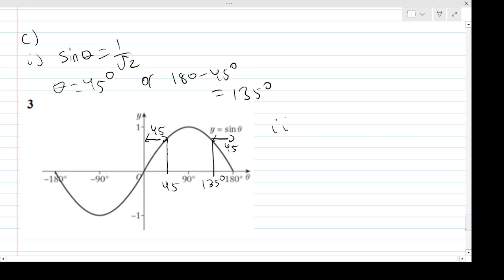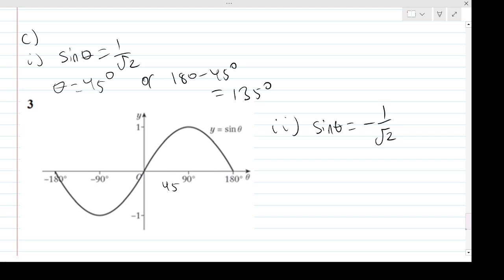Then part 2 says the angles with sine theta is minus 1 over root 2. Right, so let me get rid of this then. Obviously again 45 is positive 1 over root 2, but then we want the negative, right? So it's going to be down there somewhere.